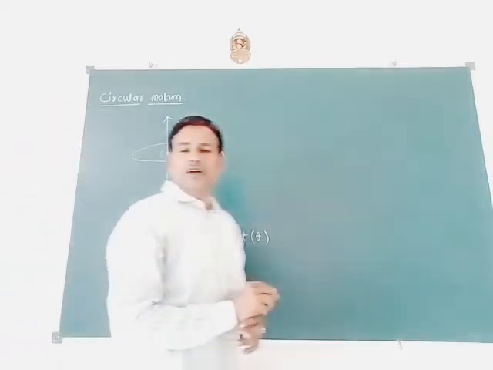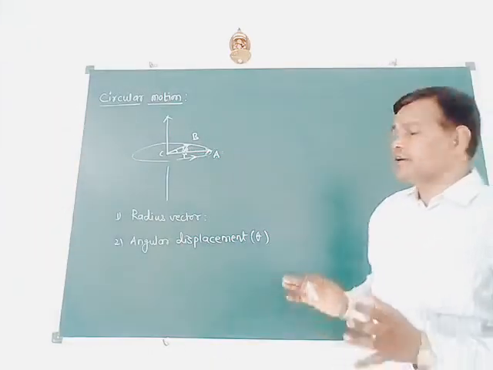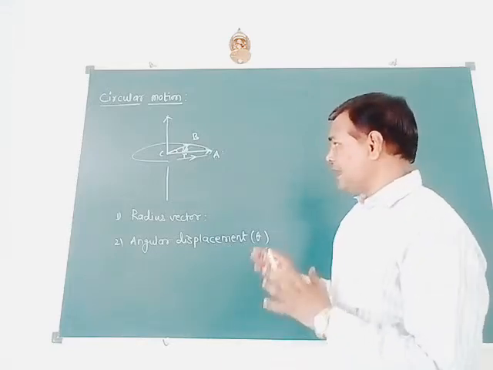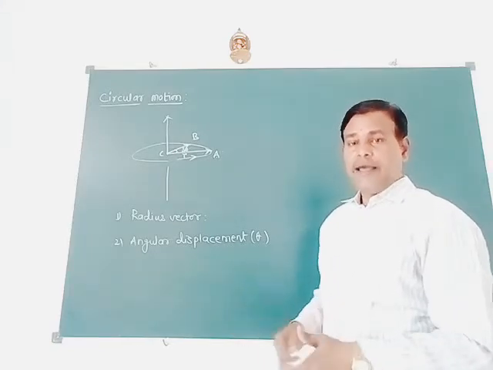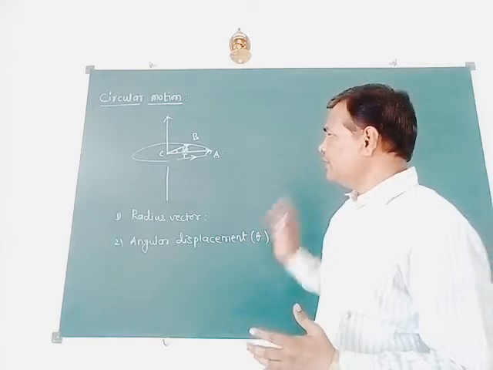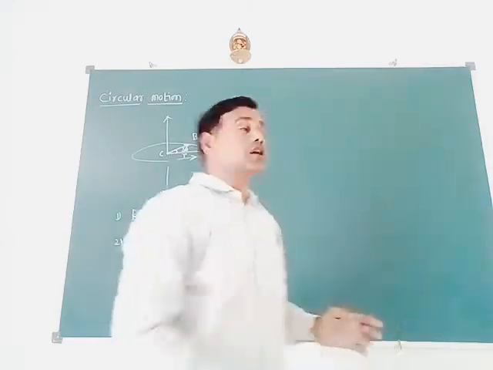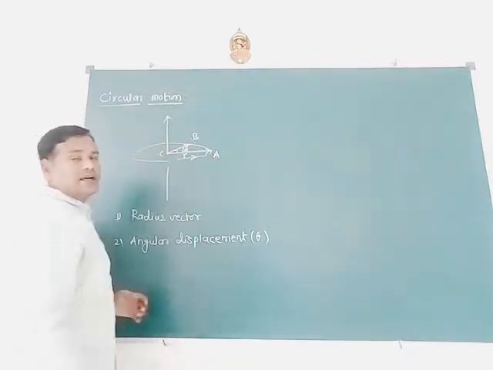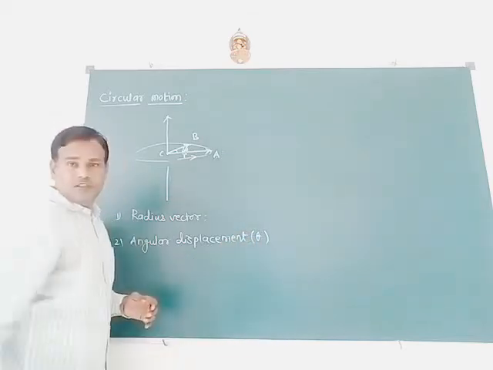So how can we define angular displacement? Angular displacement is the angle traced, the angle covered by a radius vector during circular motion. This is angular displacement.